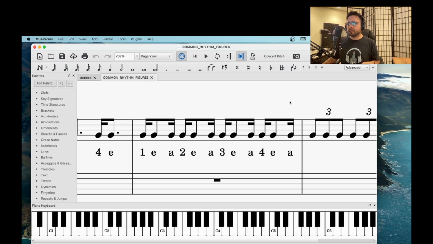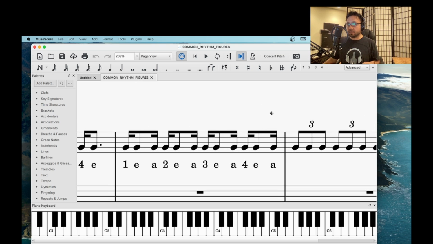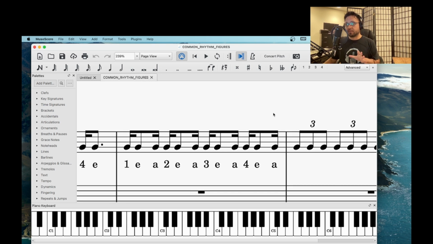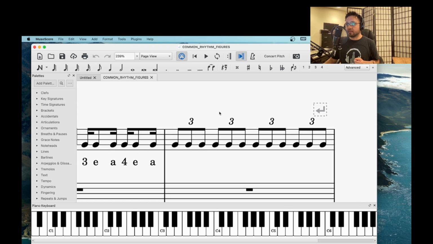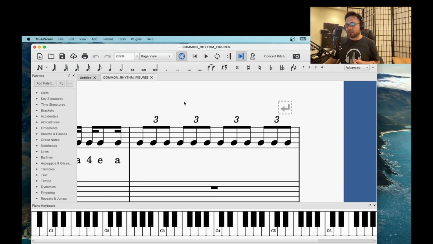Okay, that's when these are subdivisions of the beat when it's divided by an even number, a 2 or a 4. But we can also subdivide, and it's actually pretty common to subdivide the beat in 3.